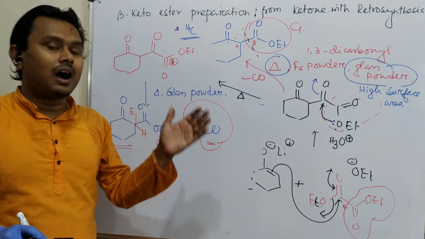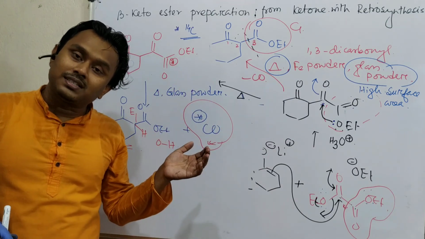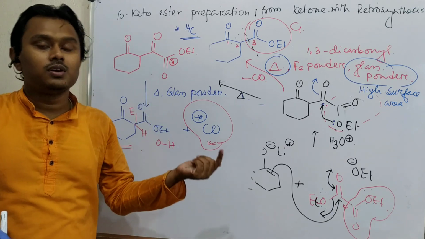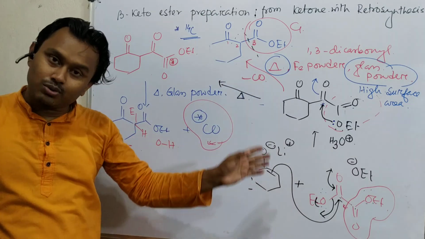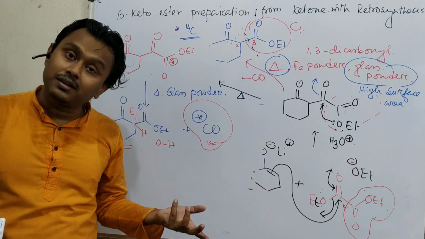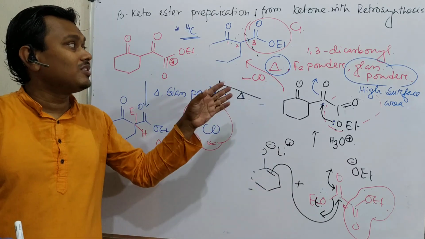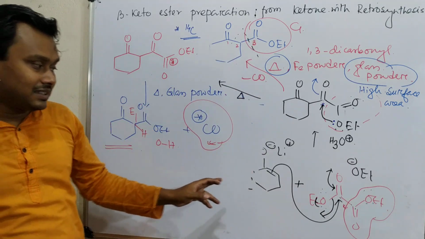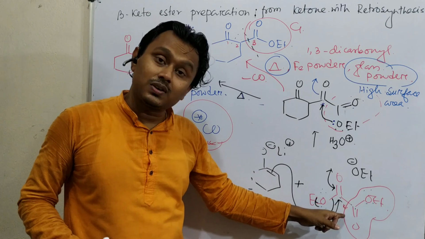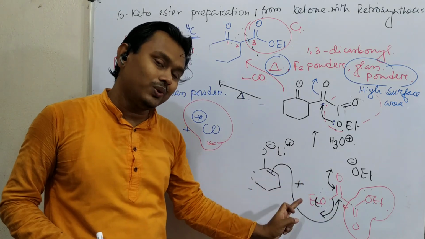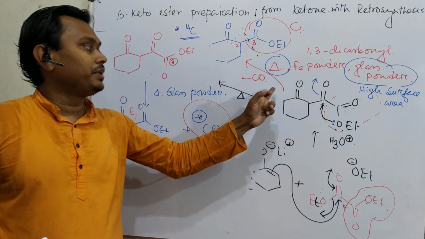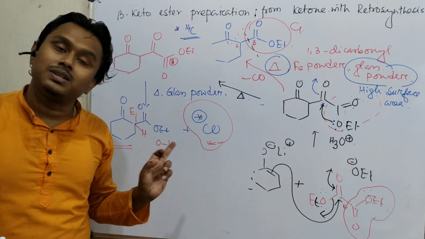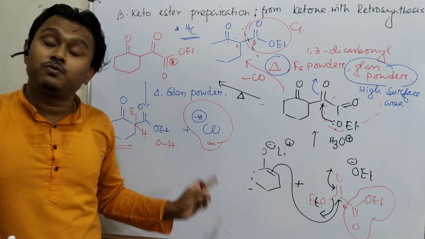Then we discussed how carbonate ester is good for this purpose, because it is a source of a C1 ester. But if we take formate, that is a 1 carbon ester, but then it will result in an aldehyde. We will not get an ester. At the end, we discussed an interesting example, that is oxalate. It is not a C1, it is a C2 ester. But through a special mechanism, this heating, it will result in beta keto ester. And this is a very good method to prepare beta keto ester.